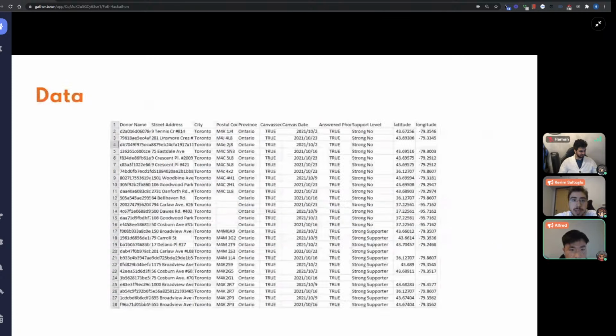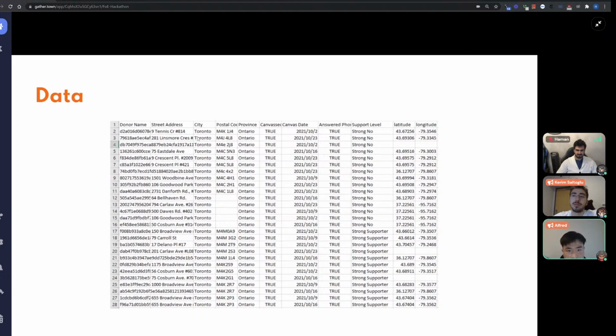So we were given a set of data, and with this data, we came up with a solution to the problem. In the data, we were given the information of different residents in different areas.